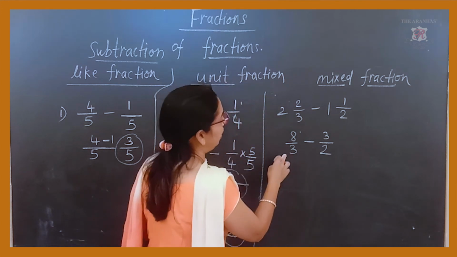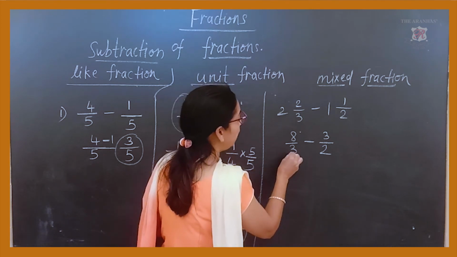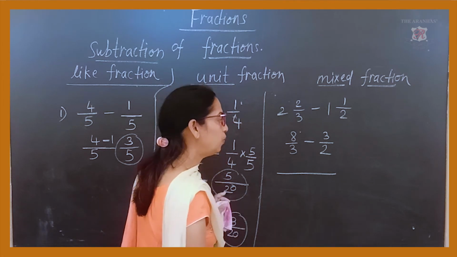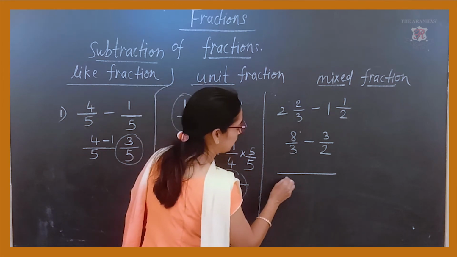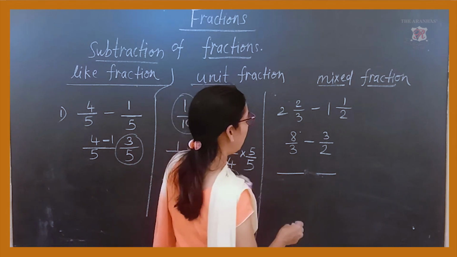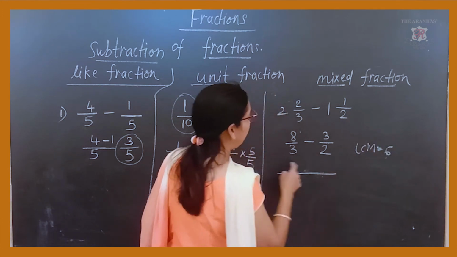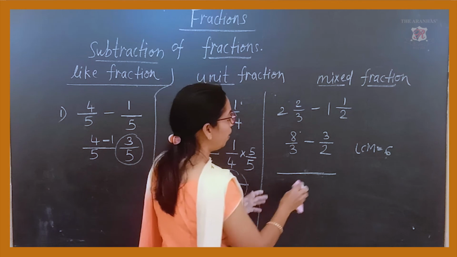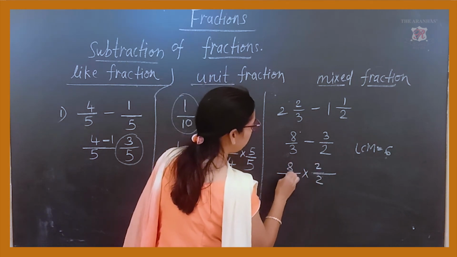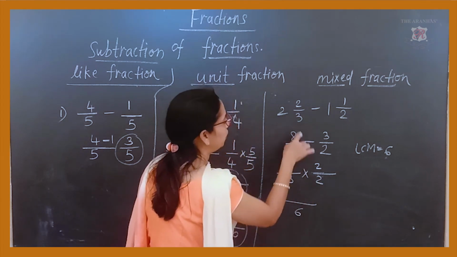Now here 3 and 2 are not the same, so we have to find their LCM. By finding the LCM, you will get 6 as the LCM. So to write the answer, this 3 we have to multiply by 2. So 8 upon 3, when you multiply by 2, you get 6 as the denominator for the first.